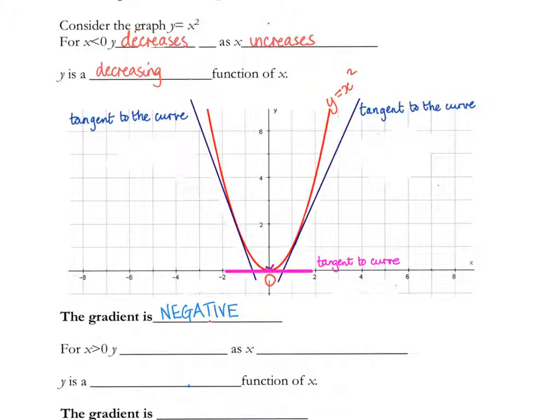What we've just looked at was x less than 0. If we now look at x greater than 0 on the right hand side, we can see that as we move from the origin this time and outwards, as x increases, then so too does y. So for x greater than 0, y increases as x increases, and this is known as an increasing function.